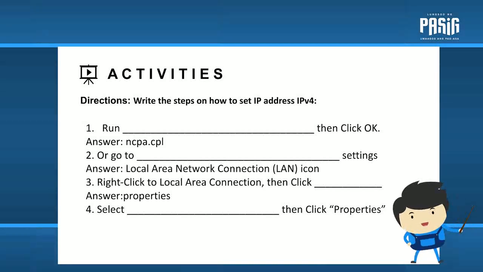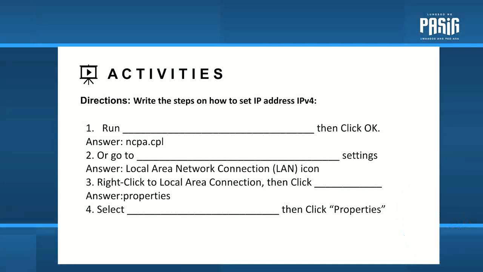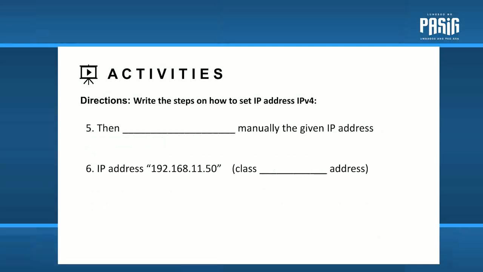Number 3. Right-click to local area connection, then click blank. The answer is Properties. Number 4. Select blank, then click Properties. The answer is IPv4. Number 5. Then click blank manually the given IP address. The answer is Input.